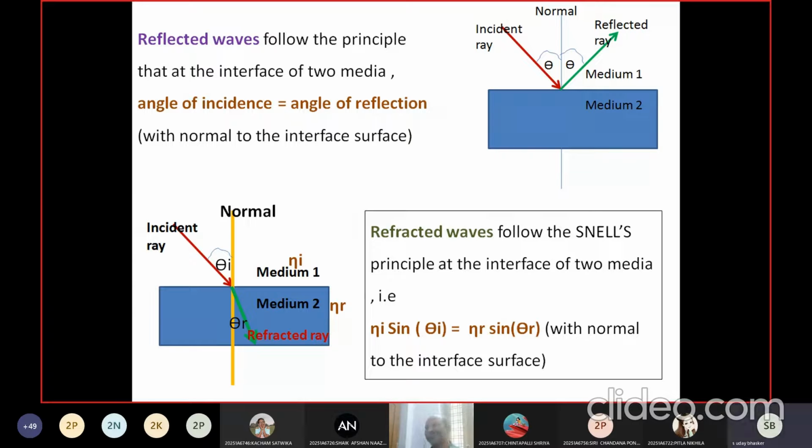Towards the normal. When it enters from denser medium to rarer medium? Away from the normal. Yes or no? Right. Now my question is why? Can somebody explain me why?